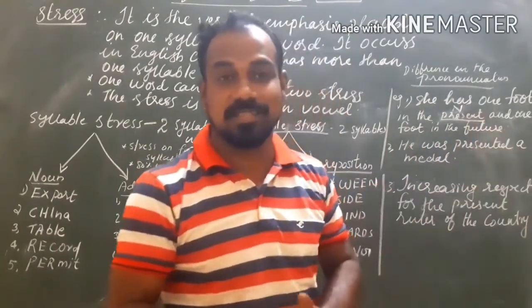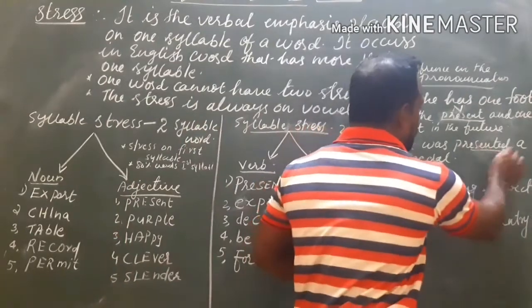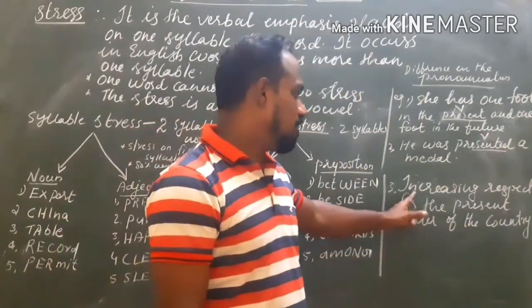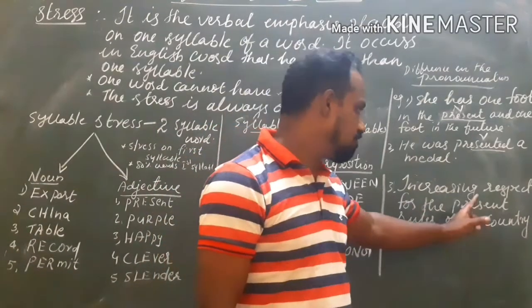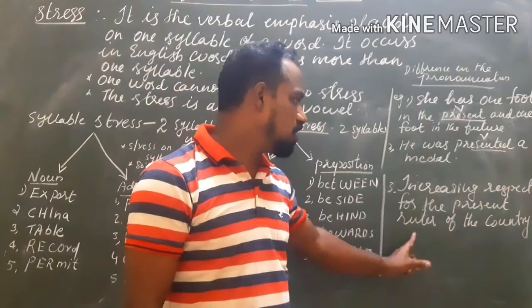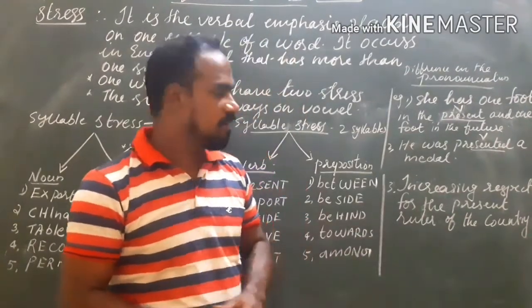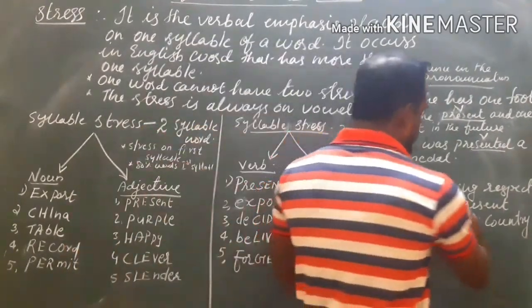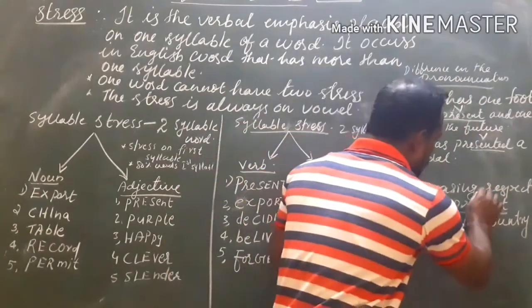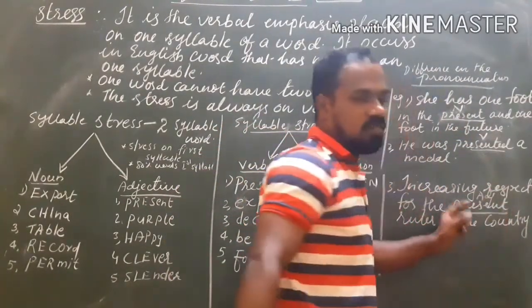See, I stressed the second syllable because it is used here as a verb, presented. There is increasing respect for the present ruler of the country. Here, present is used as an adjective. So here stress falls on the first syllable.